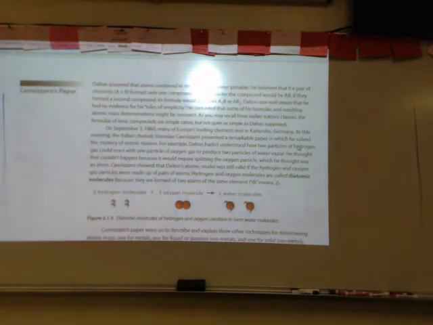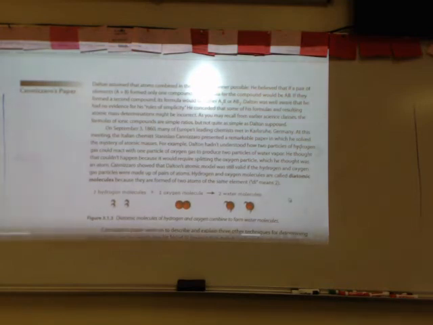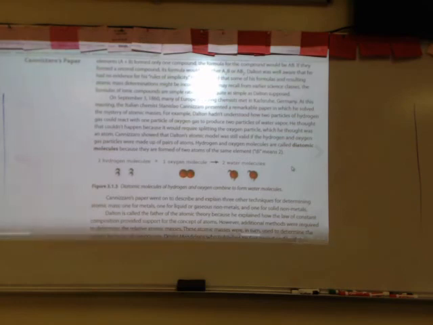John Dalton noticed that some of his formulas and the atomic masses were probably incorrect. And in 1860, an Italian chemist by the name of Cannizzaro presented a paper where he solved the mystery of atomic masses.